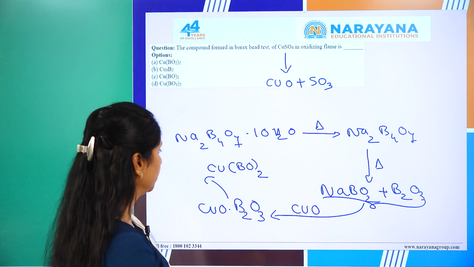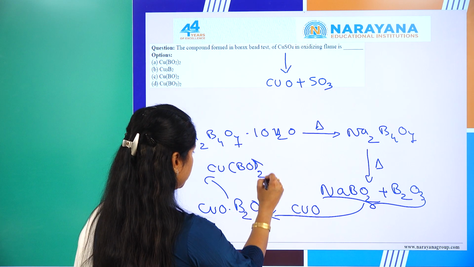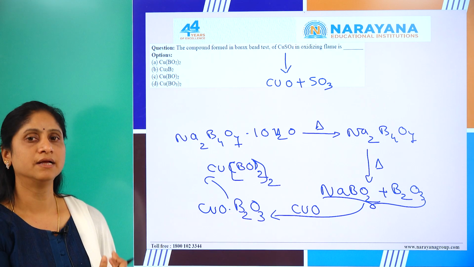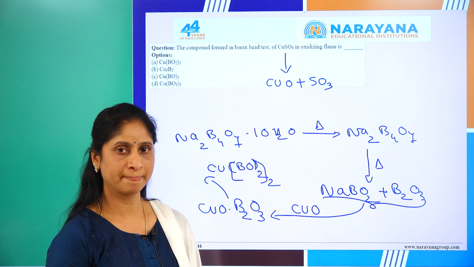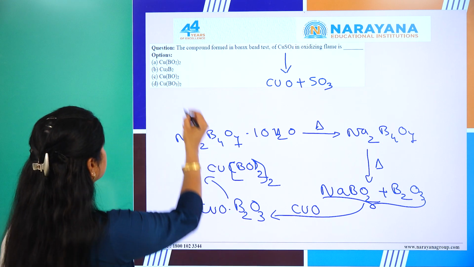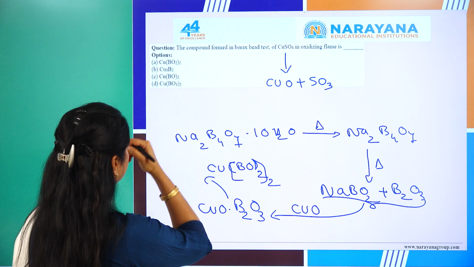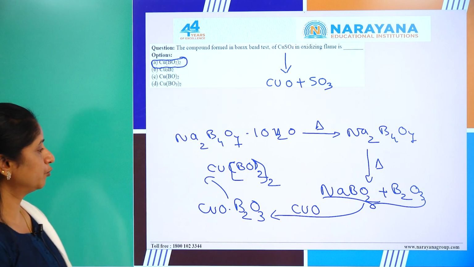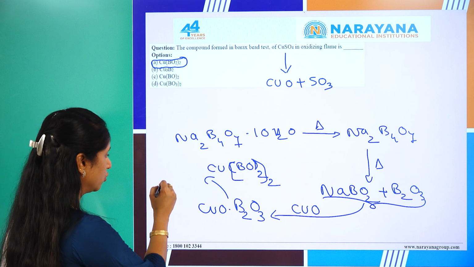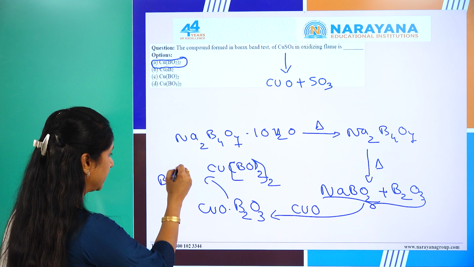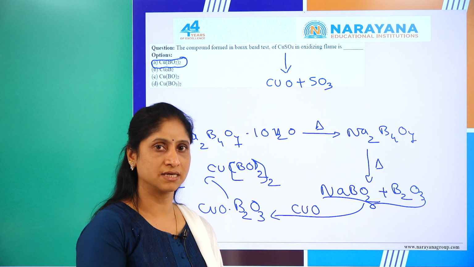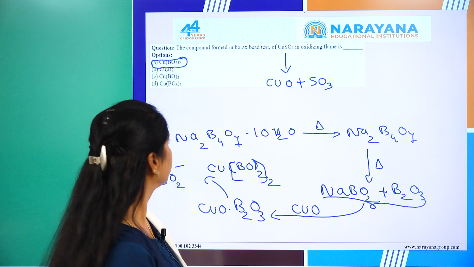It is a direct question, a concept given in NCERT. Hence copper metaborate is option A, Cu(BO2)2. BO2 minus is a metaborate ion, just like the metaaluminate ion is AlO2 minus.